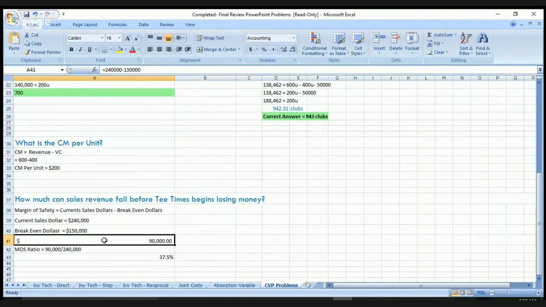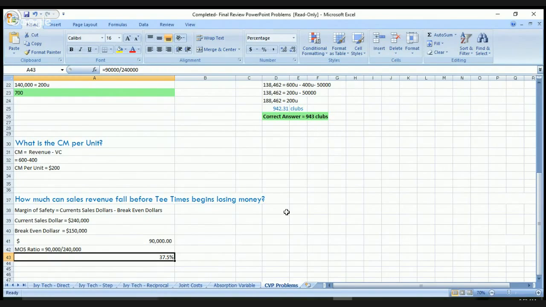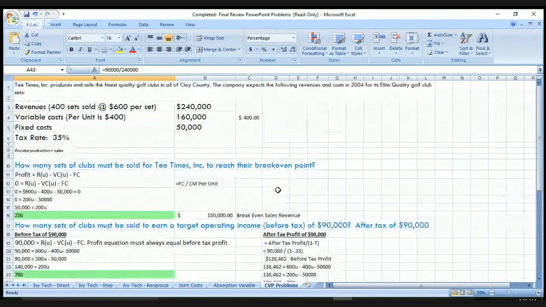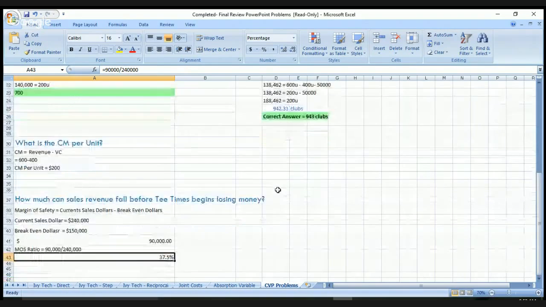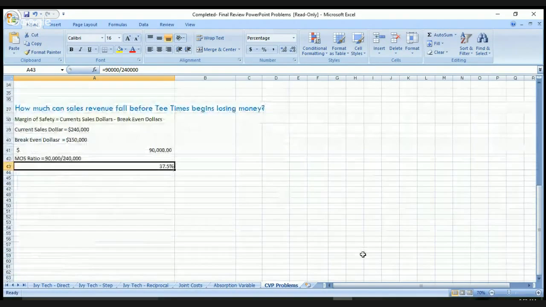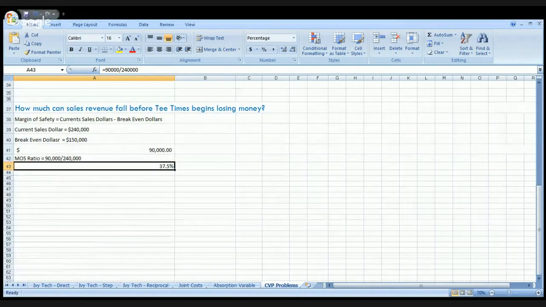And so the difference between those is 90,000. So my margin of safety ratio is going to be 90 divided by 240, which is 37.5%. So that means I can drop my sales by 37.5% and still make a profit.